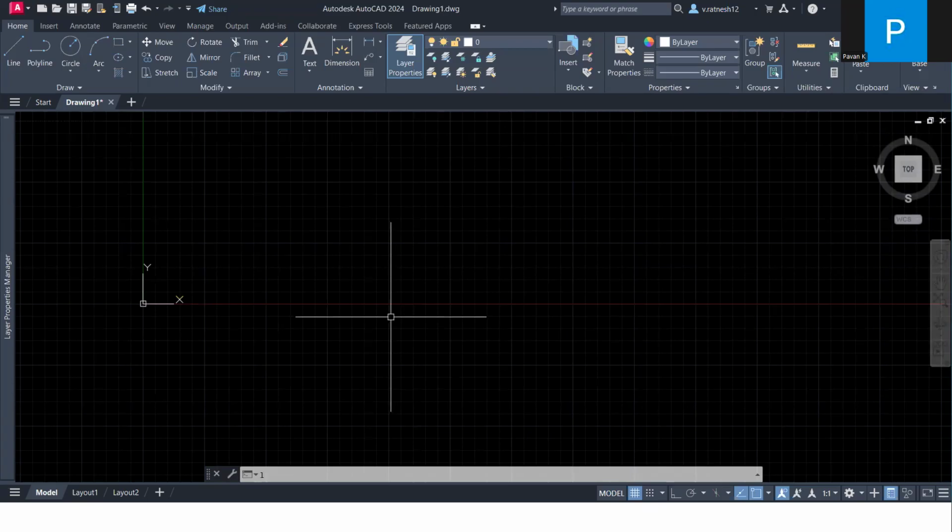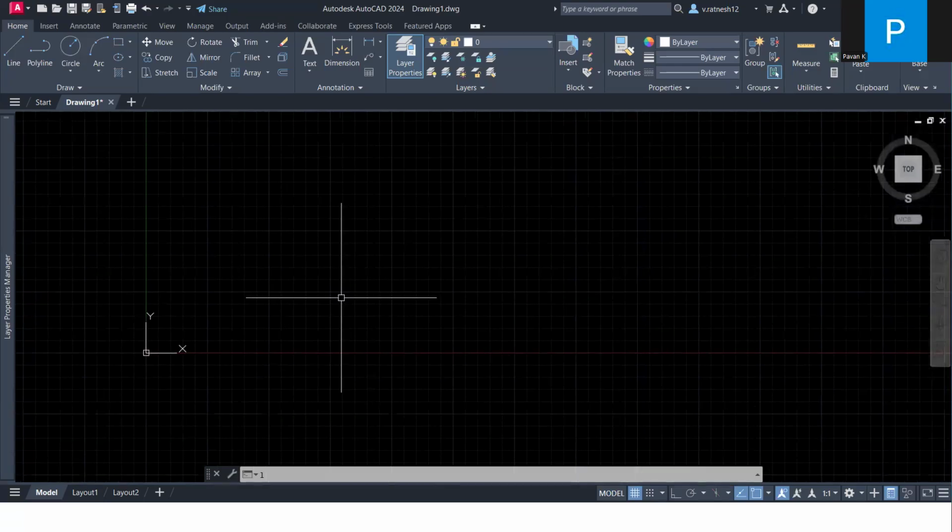You have to note, or not right now, but you have to learn and remember everything, like commands: L for line, C for circle, CO for copy, REC for rectangle, everything. I will teach you. But for now, just look here. L for line, we are going to start, and our first is the absolute coordinate system.